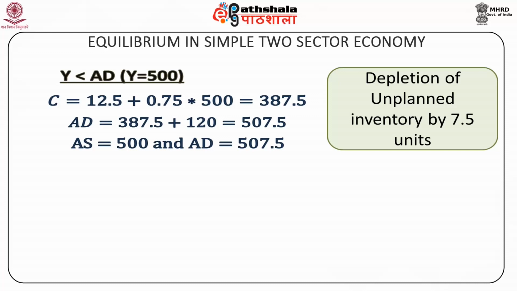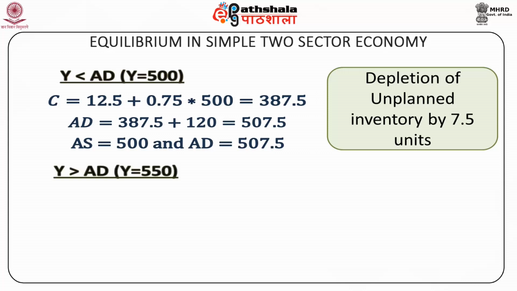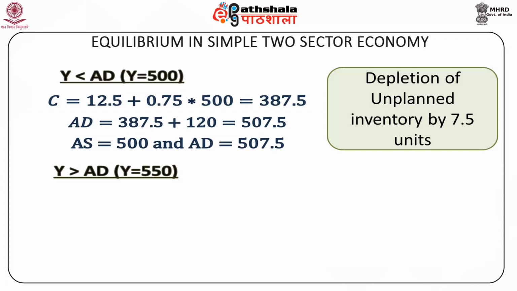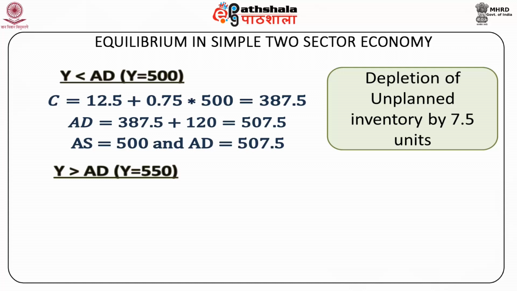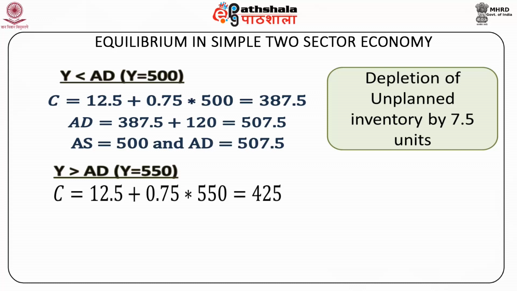On the other hand, at a higher income level where Y is greater than AD, there would be addition to existing stock of inventory. For example, if Y is equal to 550, AD can be computed as C plus I. C is equal to 12.5 plus 0.75 multiplied by 550, which is equal to 12.5 plus 412.5, which is equal to 425.